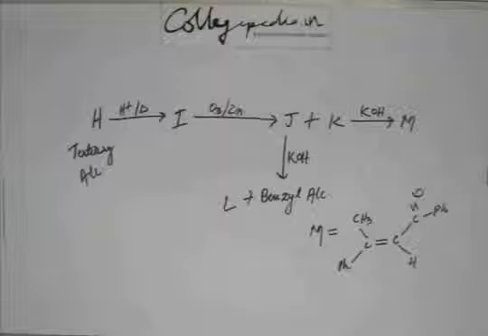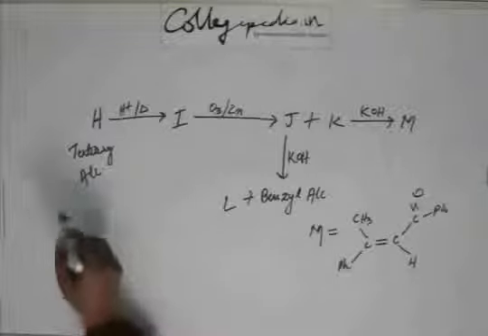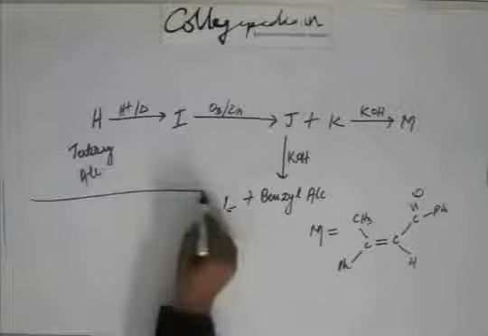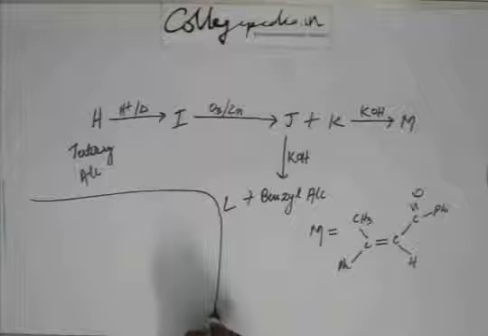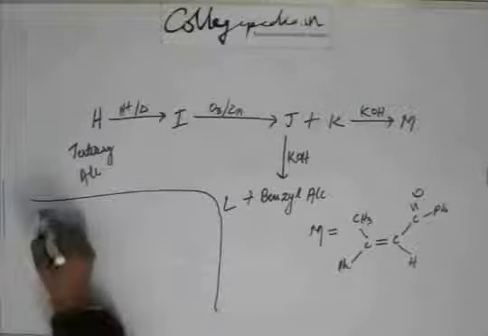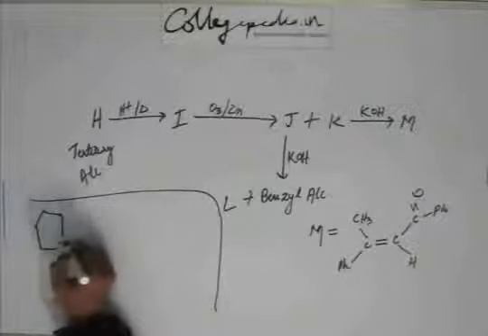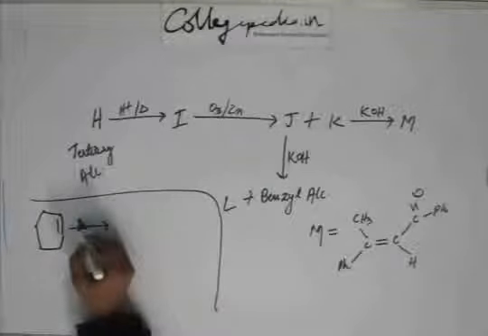Then we'll solve one more problem of JEE paper 2007. I'm not rubbing this off. I'll just utilize the rest of the space. The problem is like this. Cyclohexene on ozonolysis followed by reaction with zinc dust and water gives compound E. So you have cyclohexene on reductive ozonolysis.